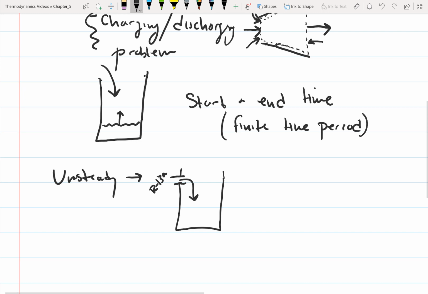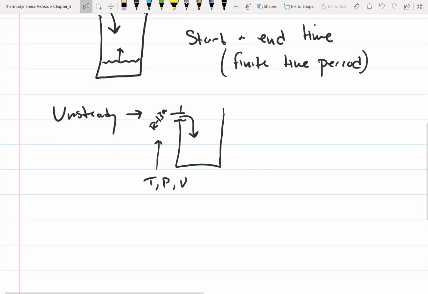We can define the thermodynamic state of the refrigerant with temperature, pressure, specific volume, and the phase. So we've seen all of this already.